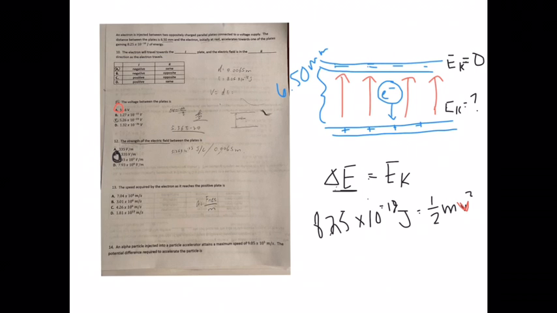We do have the mass of an electron on our formula sheet. So 8.25 times 10 to the negative 19 times 2, because I need to multiply by 2, divided by 9.11 times 10 to the negative 31, the mass of an electron. And then I square root it. And I get none of those answers.